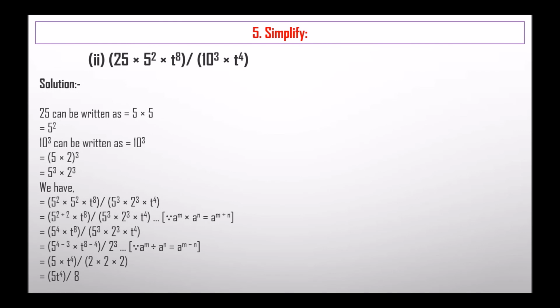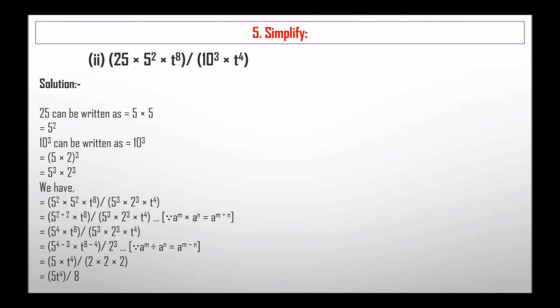25 into 5 square into t raised to 8 divided by 10 cube into t raised to 4. So 25 can be written as 5 square. 10 cube can be written as 5 into 2 whole cube, that is 5 cube into 2 cube. So 5 square into 5 square into t raised to 8 divided by 5 cube into 2 cube into t raised to 4.